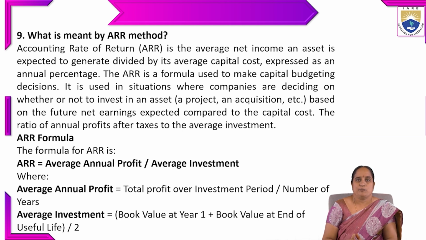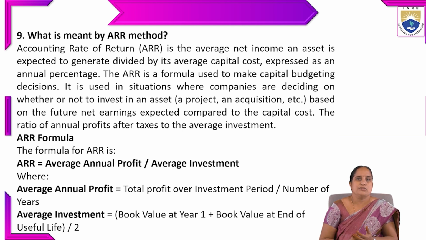It is the ratio of annual profits after taxes to the average investment. So the formula for ARR is equal to average annual profit divided by average investment, where average annual profit can be derived by the formula total profit over investment period divided by number of years.